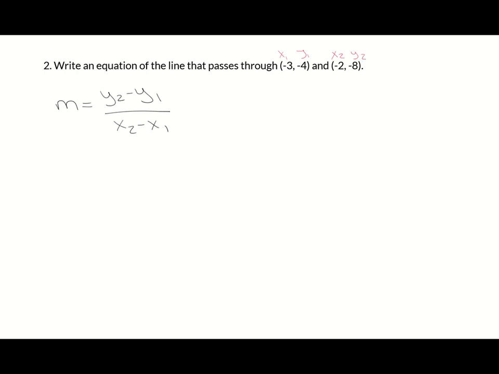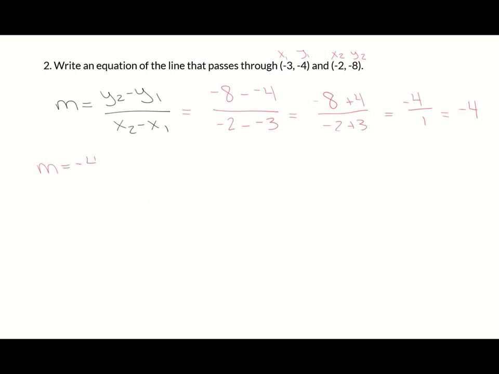So I'm just going to plug in those points. So I've got y2 is -8 minus y1, -4, over x2, which is -2, minus x1, -3. So that's a lot of negative signs. So I'm going to change it to -8 plus 4 over -2 plus 3. So I get -4 over 1. So my slope is -4.